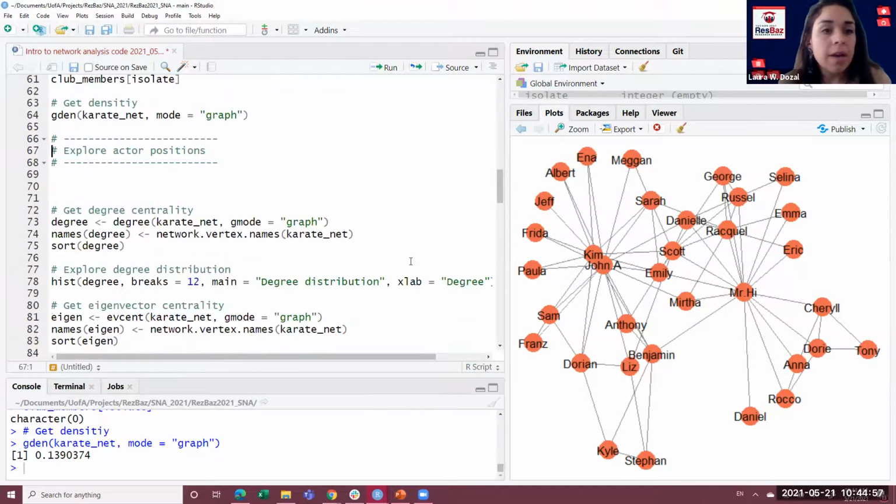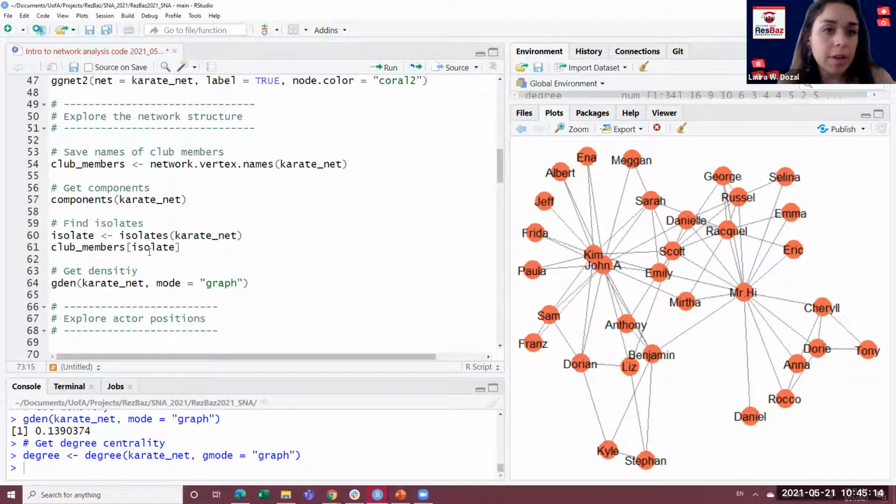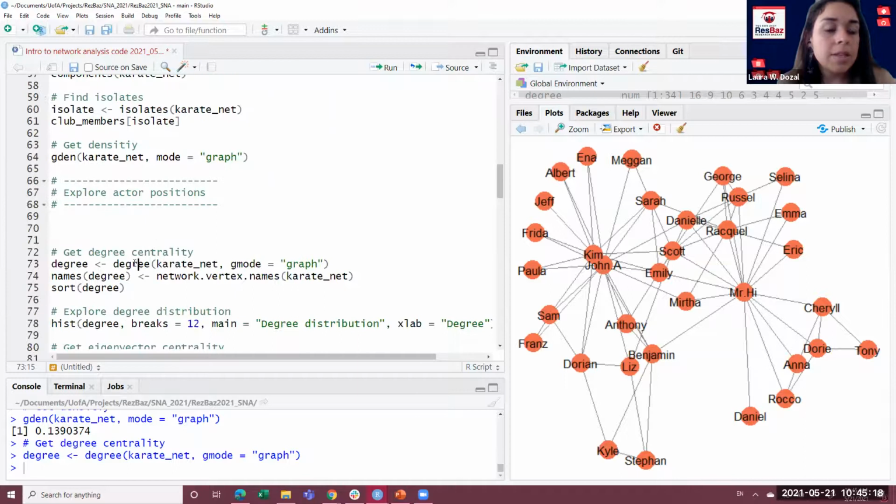Okay, so let's look at our centrality measures. We'll start with degree centrality. The degree function of StatNet, much like isolates, you just write degree, your network, and we're looking at our graph mode as graph.